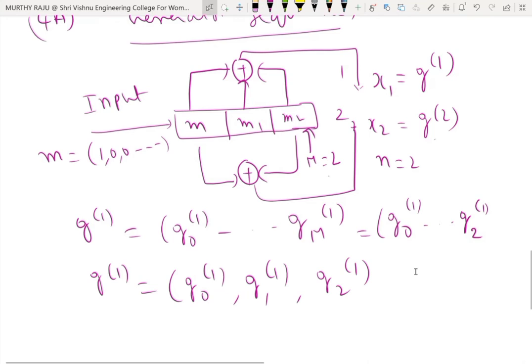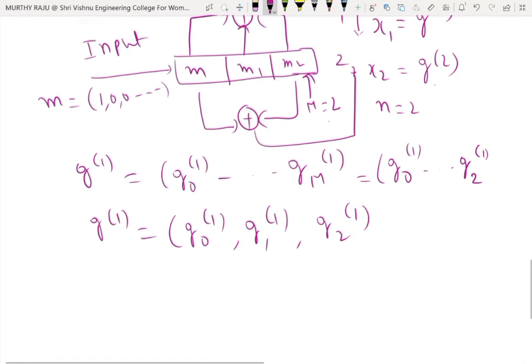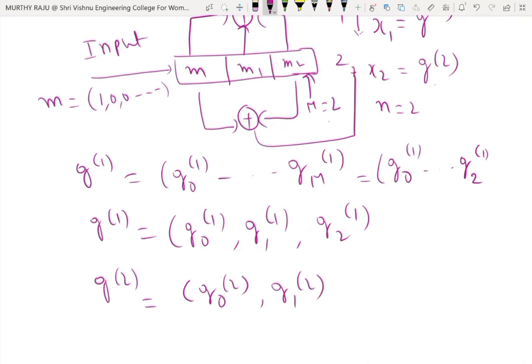And similarly, generator sequence G2 is equal to G0 of 2, G1 of 2, G2 of 2.